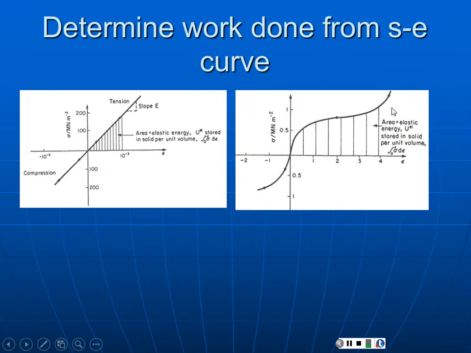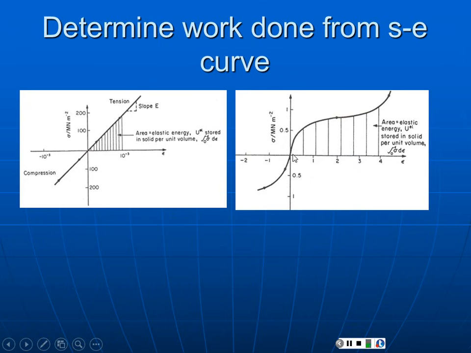When I unload, the specimen is pulling on the frame as we unload, and so the force the specimen applies in the direction of the specimen movement is doing the same work, but now it's doing it on the outside world and returning the strain energy to the outside, to the frame or whatever we're loading with.